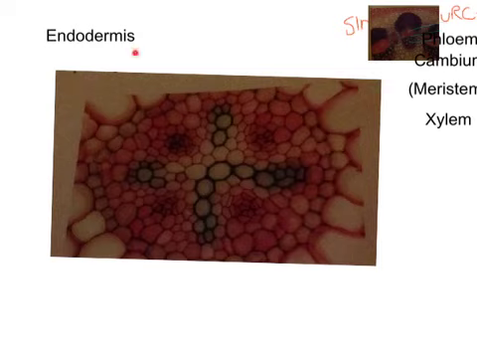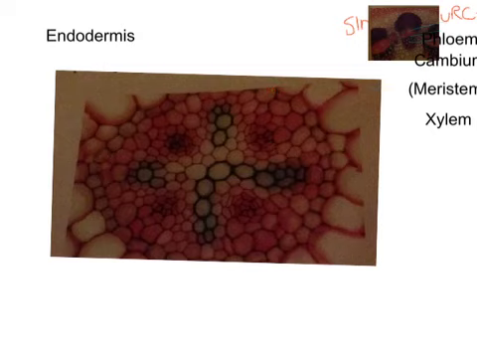So dermis tends to mean skin, endodermis tends to mean within, so endo means within. Epi, by the way, if you see epi, tends to mean upon or on top. So endo is within, and dermis means skin. So it tends to mean the layer of skin around the plant. It's technically kind of like a skin.